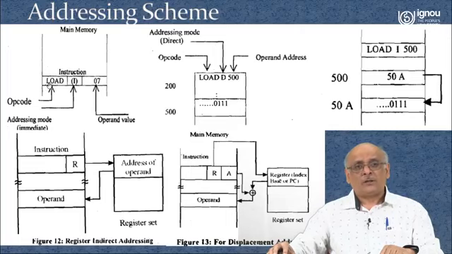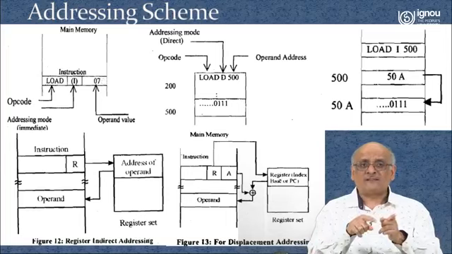When the immediate instruction mode is used, this 7 becomes the operand value. Immediate means the operand is residing within the instruction.